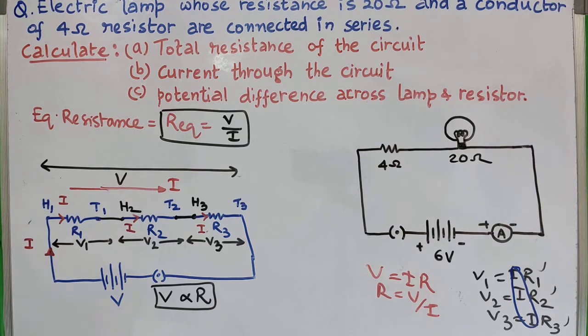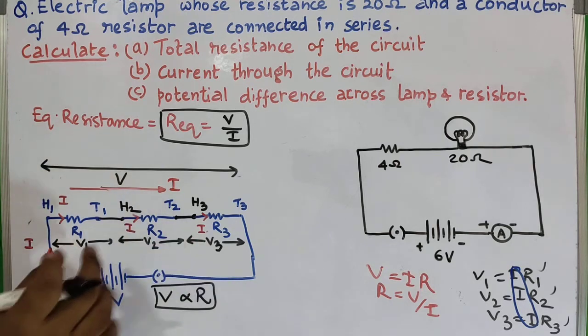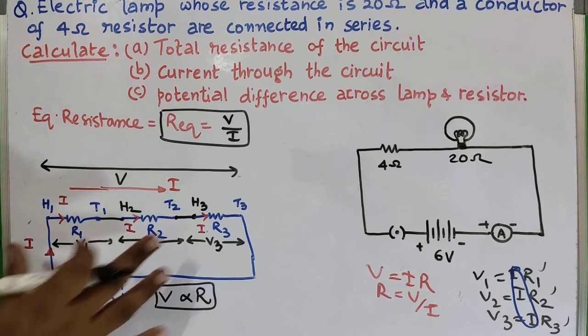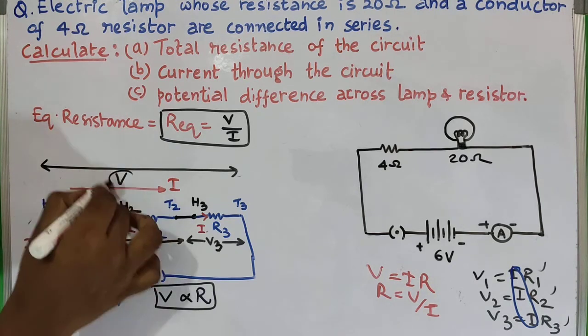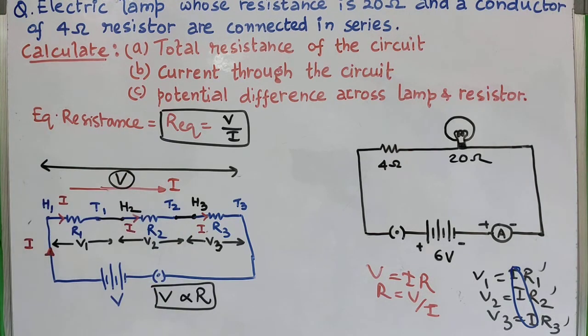Now you see here, total potential difference is V. So what are the individual potential differences? V1, V2, V3. If I take the sum of V1, V2, V3, that sum is going to be equal to V, right? So that is what I am writing here.